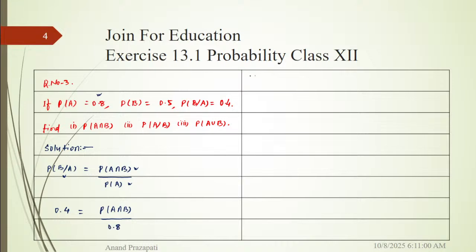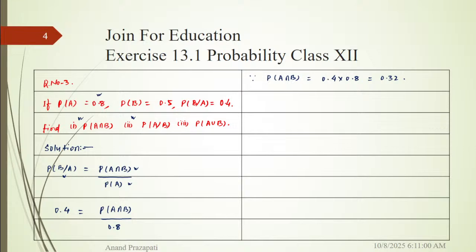So now from cross multiplication we get probability of A intersection B equal to 0.4 into 0.8 equal to 0.32. So this is the solution of the first part of question number 3.